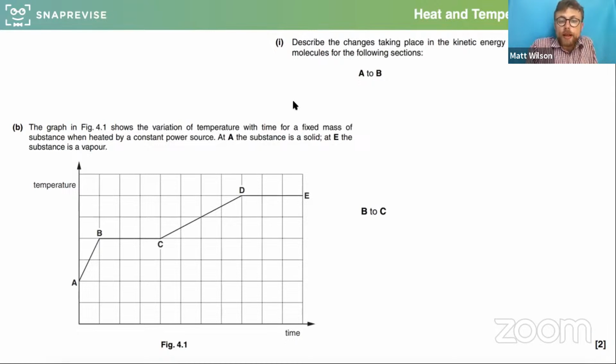In part I, we are asked to describe the changes taking place in the kinetic energy and potential energy of the molecules for the following sections. And we start off with A to B. So in A to B, what is increasing? Our kinetic energy or our potential energy? It's one of the two. Can anyone in the chat say which one it is that's increasing here?